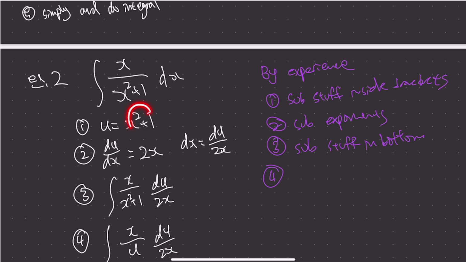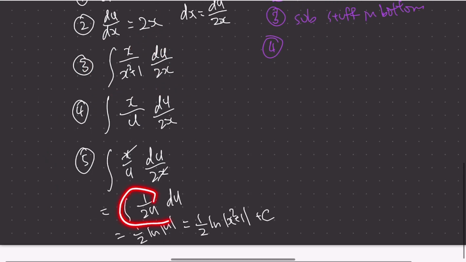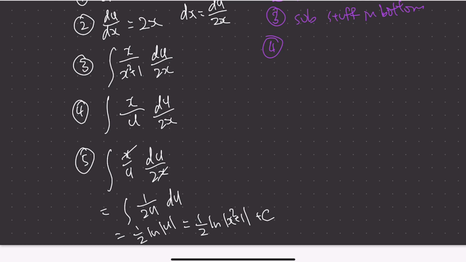As in, you want to find a substitution here such that after you do the derivatives, you can see that something would cancel out. In this case, it's going to be the x and the x, okay? So it requires you to think ahead to step 3 first, and think about what you need to substitute here such that after you put it into the integral, it will simplify to something very simple that you can simply look at your formula booklet to integrate, okay?